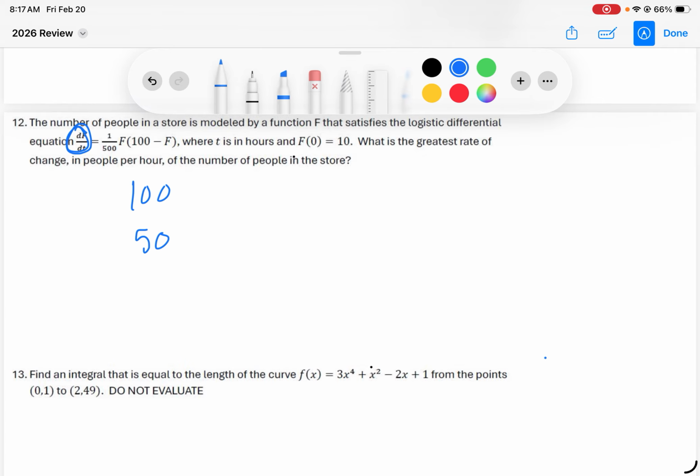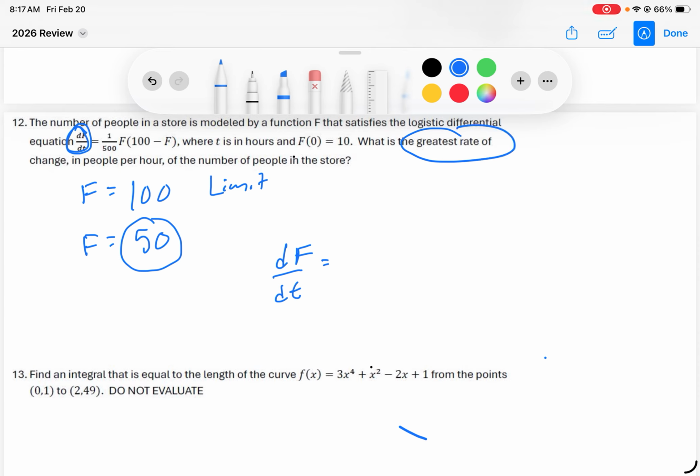So when f is 50, that's when the growth rate is the highest. If f is 100, that's the limiting capacity. It's not just asking for this number, it's wanting to know what the rate is. So we know the greatest rate happens when f is 50.